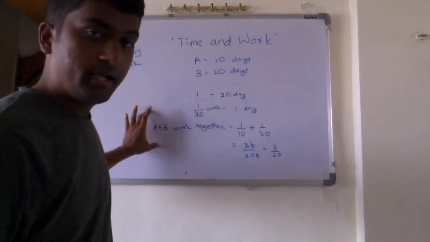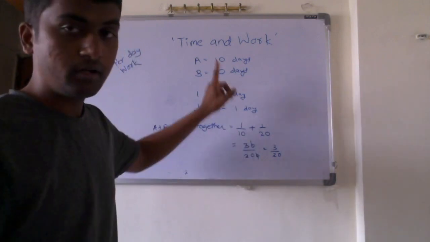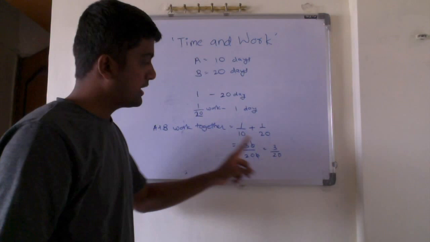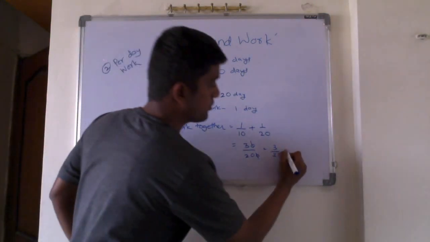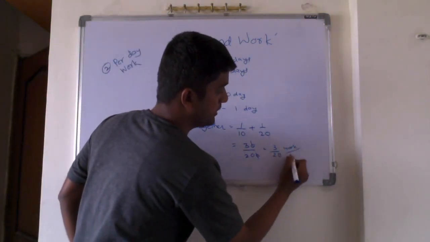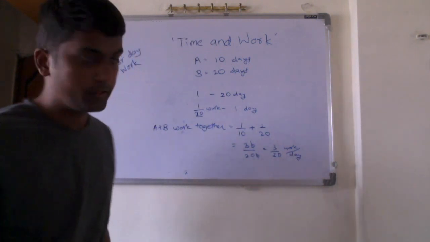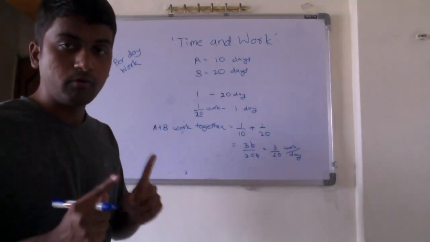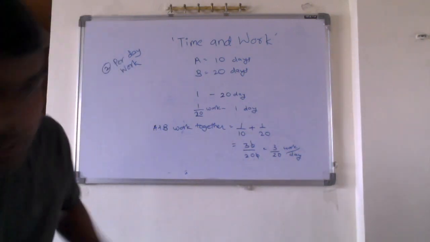So in how many days will they complete the work? A and B, working together, are able to complete 3 by 20 amount of work in a day. So in how many days are they able to complete the whole work, which is 1 unit, according to our problem?